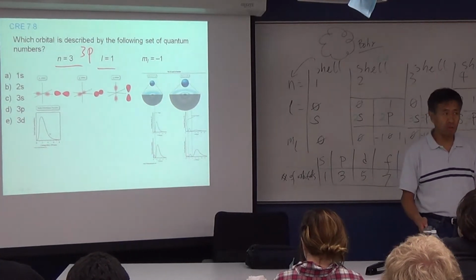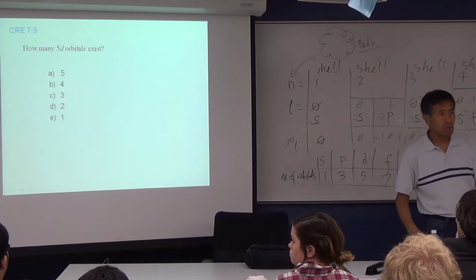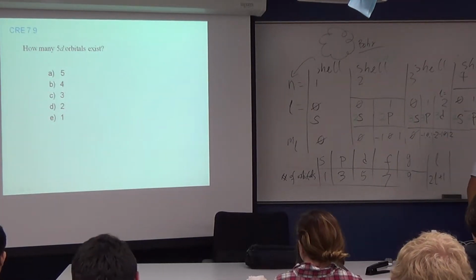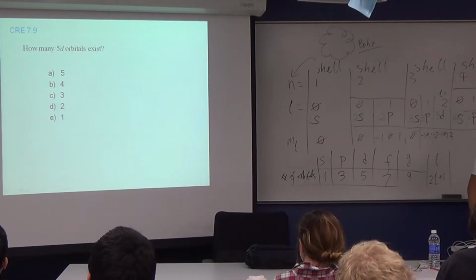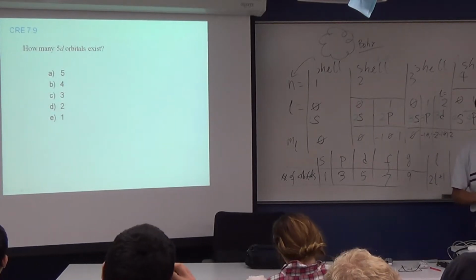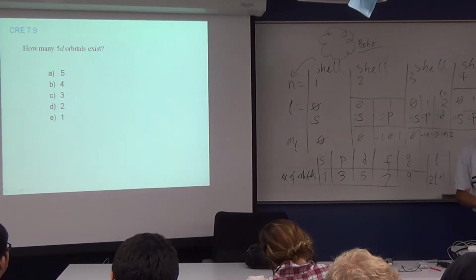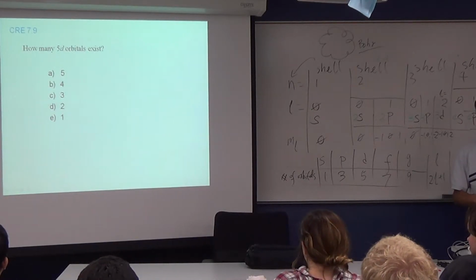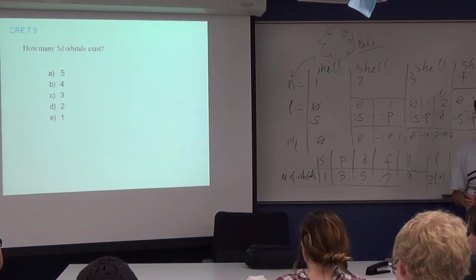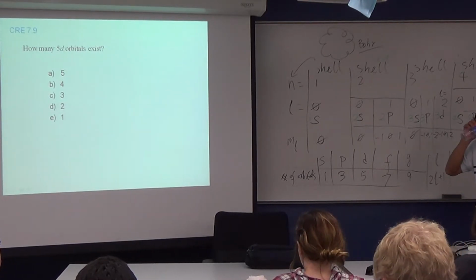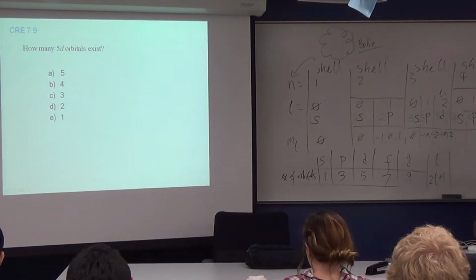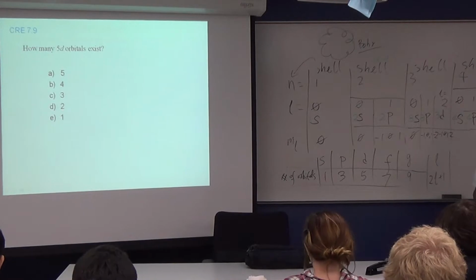What is this pattern? How many orbitals in d-type? In 5D or 4D or 3D? You have a D, you don't have a 2D. So that's 5.